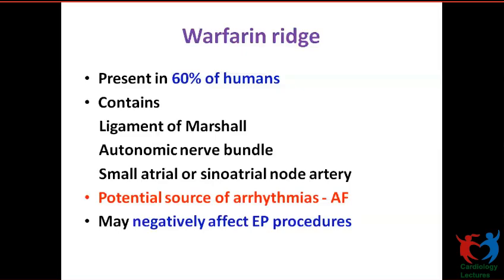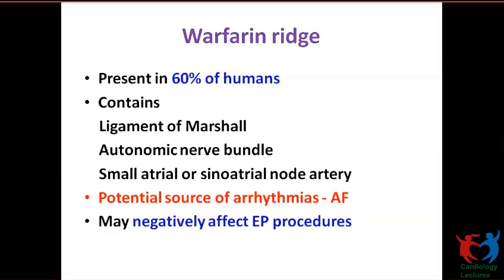It contains the ligament of Marshall, autonomic nerve bundle, and a small atrial sinoatrial artery. So this can be a potential source of arrhythmias like atrial fibrillation. EP people will be more concerned about it because it may affect EP procedures negatively, meaning it may be difficult during ablation procedures.